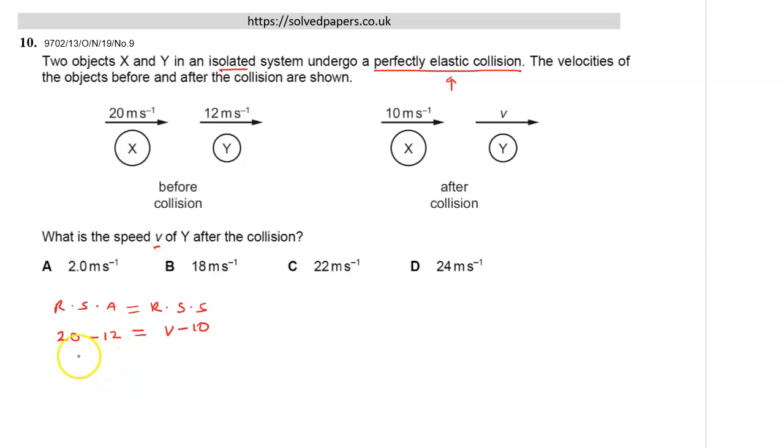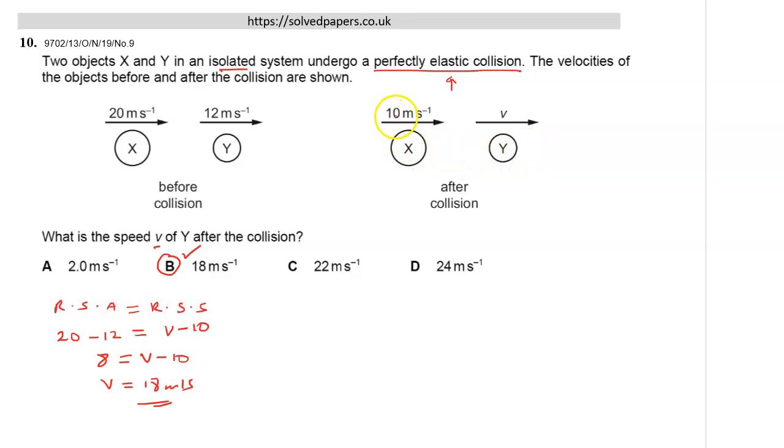So this is going to be 8 is equal to V minus 10. Therefore, V is equal to 18 meters per second. Of course, you add 10 to both sides, becomes 18. So the answer is 18. Okay, so the relative speed of approach is 8, and therefore the relative speed of separation here should be 8.